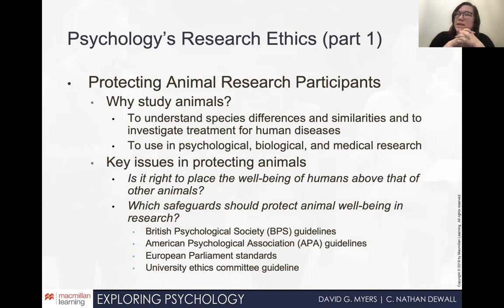Animal studies, especially in psychological and medical research, are tricky, right? But if it wasn't for animal research, we would not have the cures for diseases like polio, right? So it's a balance of making sure that these animals are being treated ethically and understanding the need for being able to use animals in research, because we can't test medications, especially experimental medications, directly on humans.